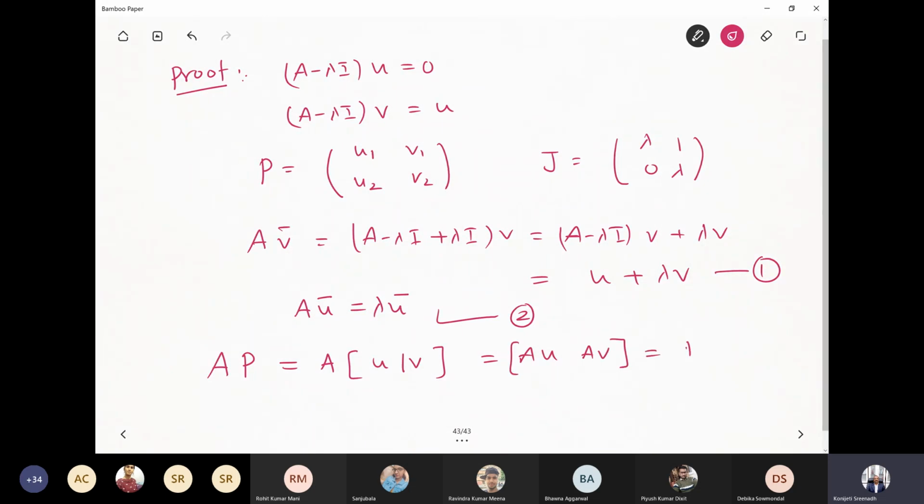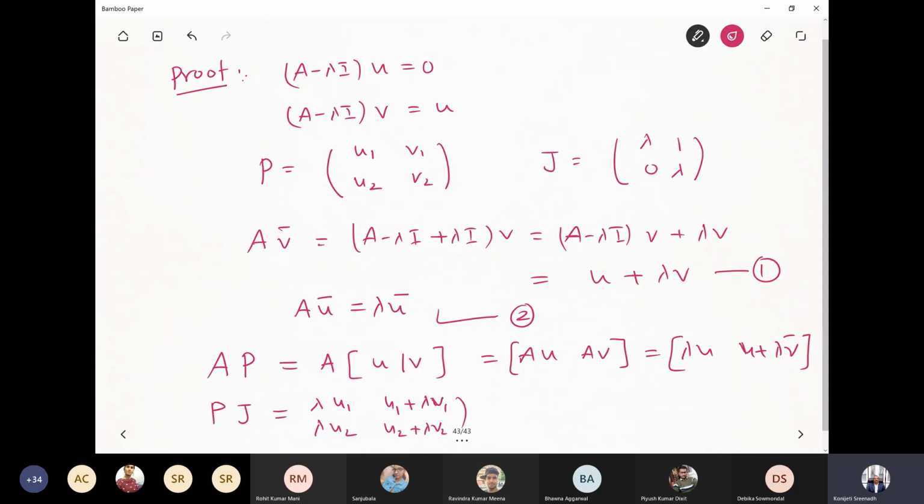It is nothing but lambda u, and u plus lambda v. This is what we have for A P. On the other side, you look at what is P J. Just multiply these two matrices P and J. You get lambda u1, u1 plus lambda v1, lambda u2 and u2 plus lambda v2.